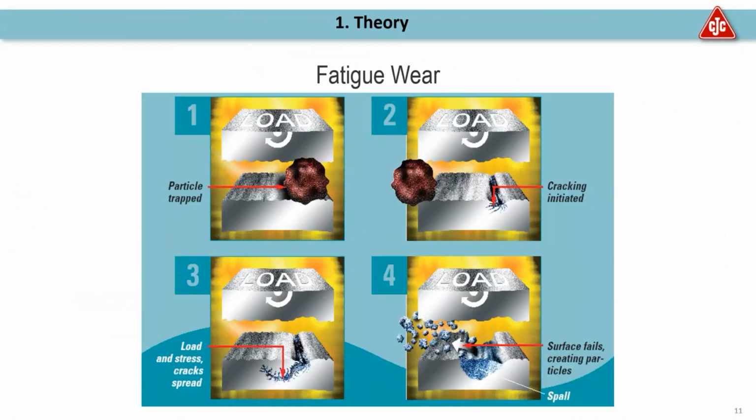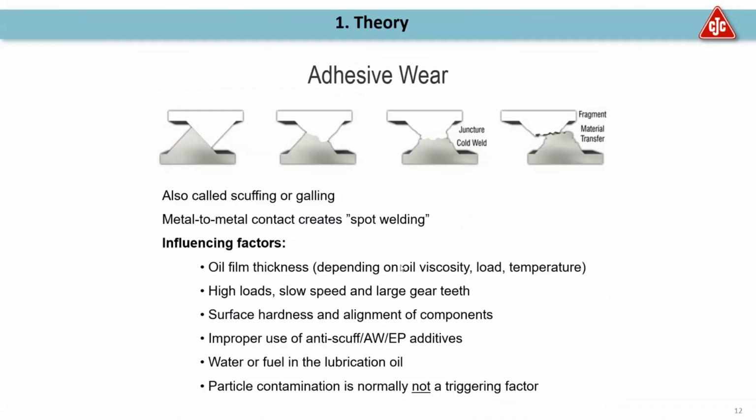Fatigue wear, vertically against each other moving machine components and particles in between, causing wear that way. And then, of course, also adhesive wear, when the viscosity of the oil is not proper or there is no lubricant available at all.